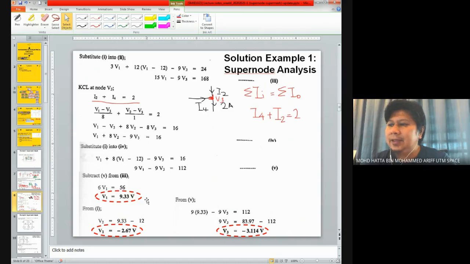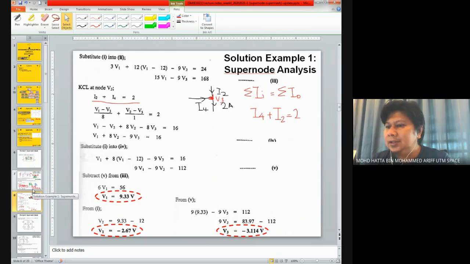And in this case, I believe it used elimination. But you can try on your own. Maybe you can use substitution or you can use matrix. It's your own preference.